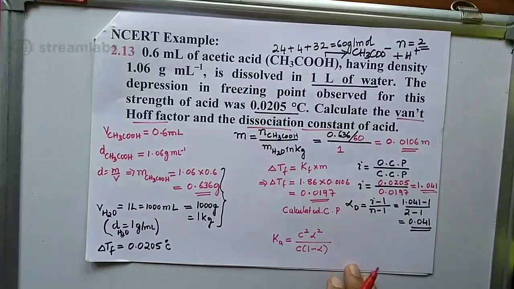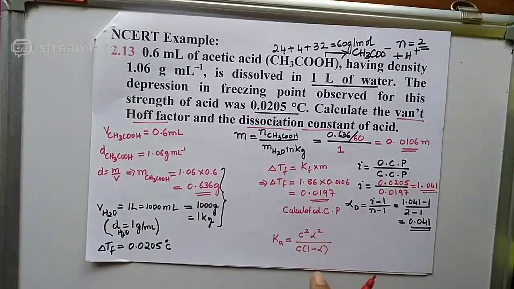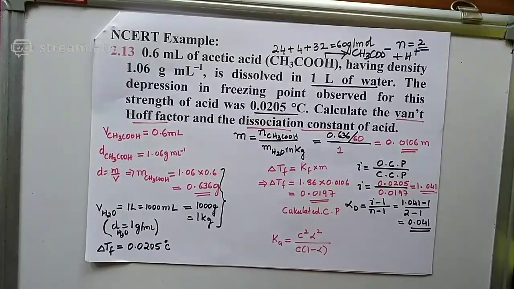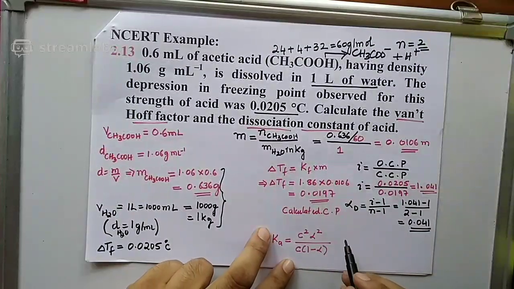So without applying Ostwald's dilution law, we got this expression. You can remember this from your last year equilibrium chapter. This is the dissociation of weak acids. If it is a very weak acid, alpha can be neglected. We don't know the value of Ka; they have asked you to calculate it. Let us not ignore alpha.